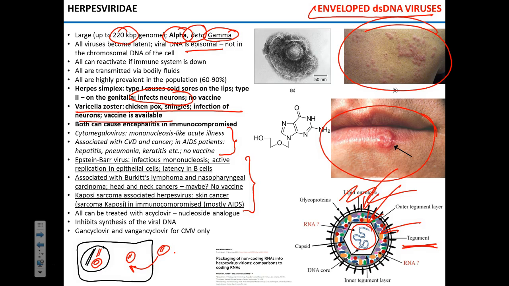When you have a person who receives the kidney transplant, what does this person receive after the transplantation? What kind of therapy? Immunosuppressive therapy. So the immune system of that person is essentially down.